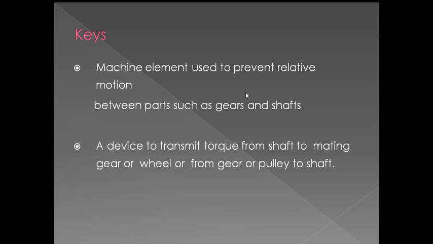To insert the key, we need to make a slot in the shaft or in the hub or in both the shaft and hub. That slot is called the keyway. A keyway reduces the strength of the shaft as it results in stress concentration.